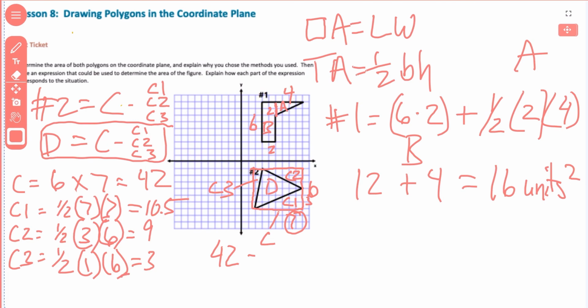We're going to add all those up. So what is that? 10 and a half, 19 and a half, 22 and a half. So now then, what is 42 minus 22 and a half? Is that 19 and a half units squared?